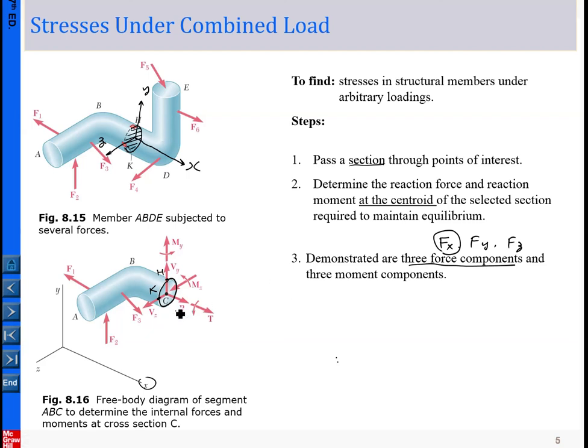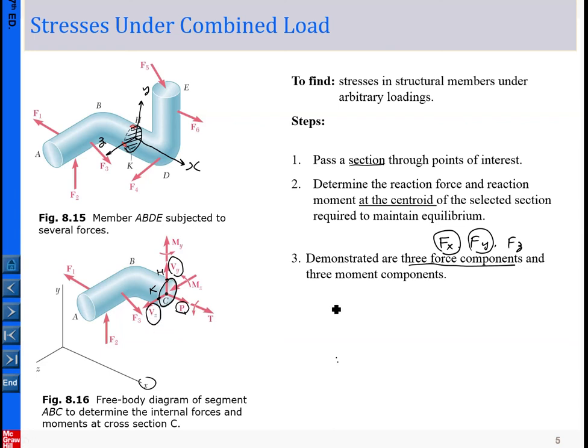The purpose of the textbook is simply to convert whatever symbol convention we learned from chapters 2, 3, 4, and 6. The force component in the X direction is the normal force, so we pick the component P. The force in the Y direction, with respect to this cross section, is transverse loading, so we use V. Similarly, there is transverse loading in the Z direction.